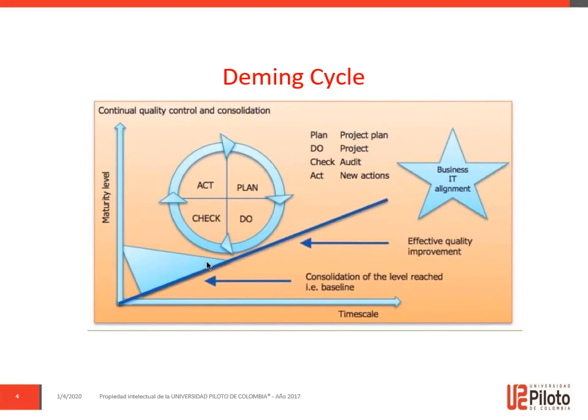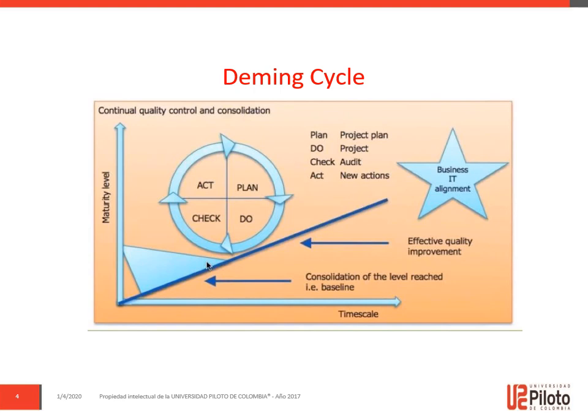It includes a gap analysis that is undertaken, and a plan is made to overcome the gap through a series of improvement steps. Do is the second phase, and it refers to the implementation of improvements. So a project is instigated to close the gaps identified in the previous phase. This phase includes a series of changes to improve the process.